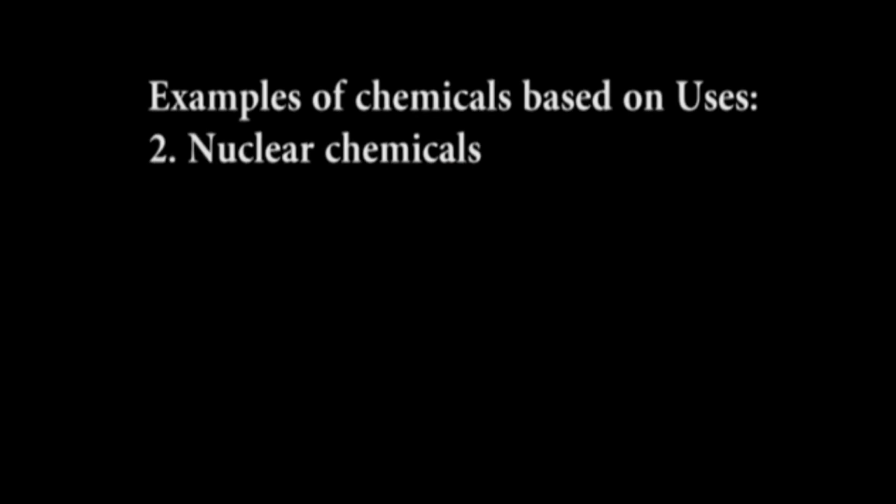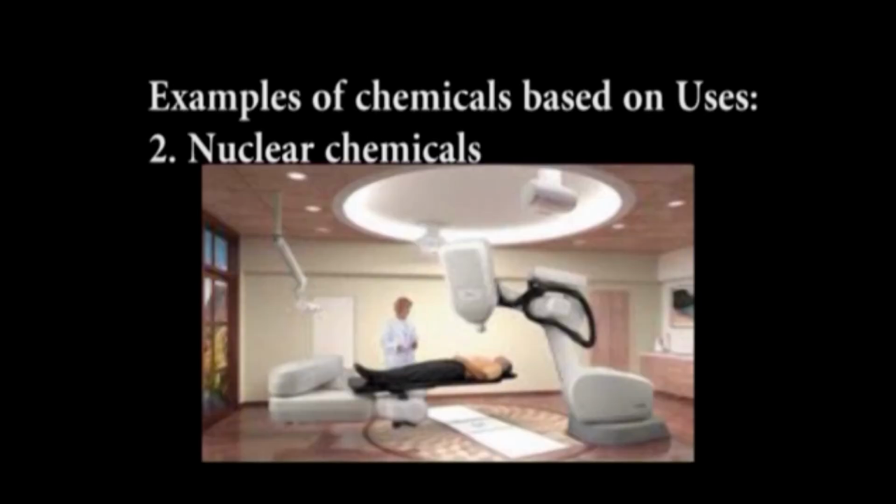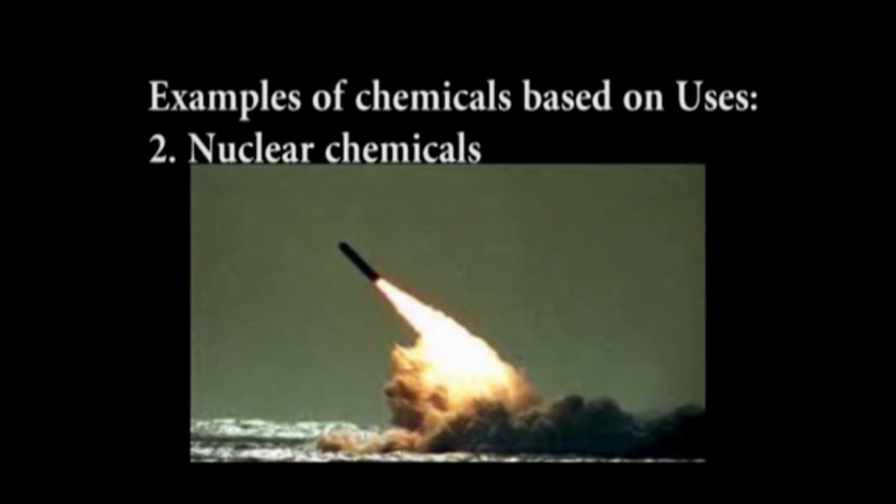Nuclear chemicals. These are chemicals used in nuclear chemistry for production of energy, treatment of diseases like cancer, and making of explosives and weapons of war. They are radioactive substances.